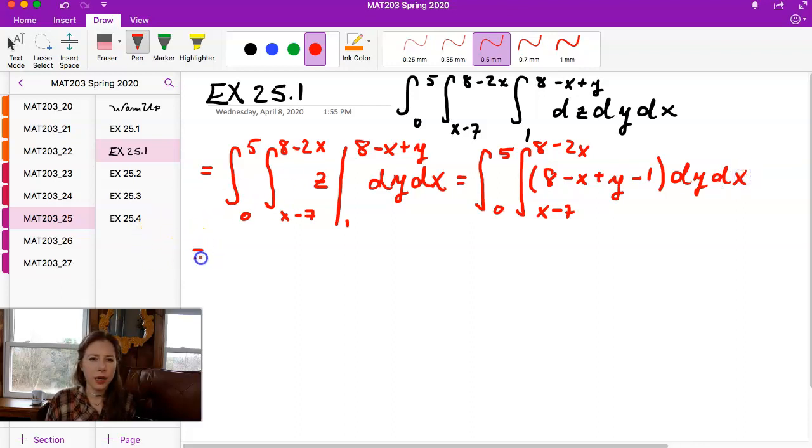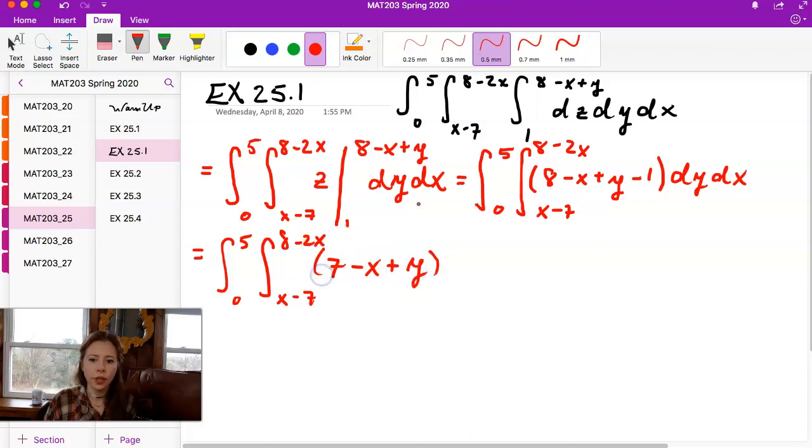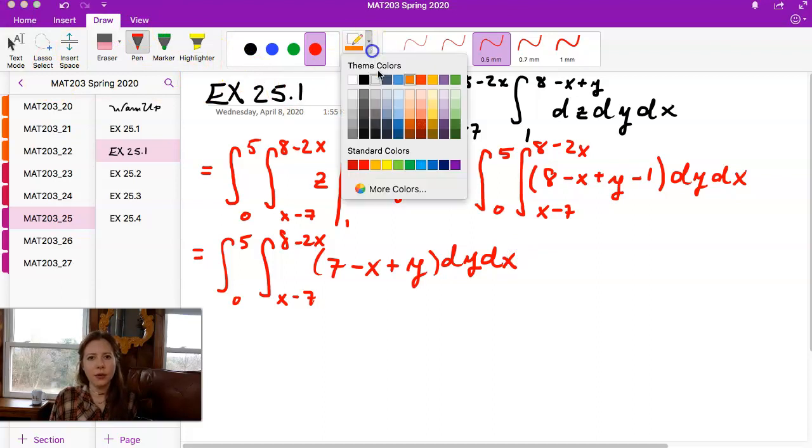And so this is going to become then the integral from 0 to 5, and from x minus 7 to 8 minus 2x. And then it's going to be 7 minus x plus y dy dx. So now we're just left with a double integral. So now let's just keep going.